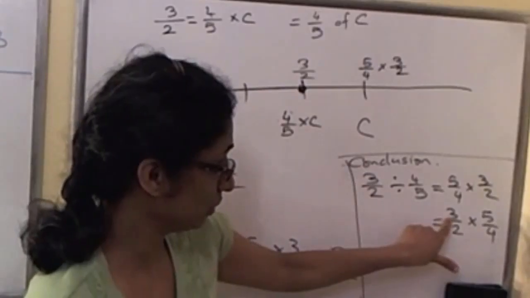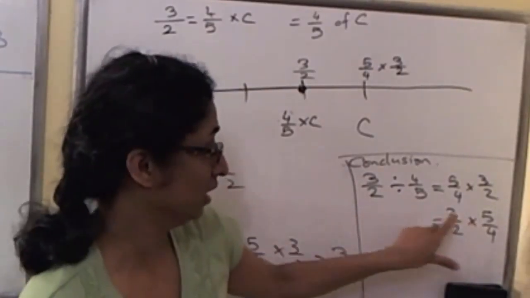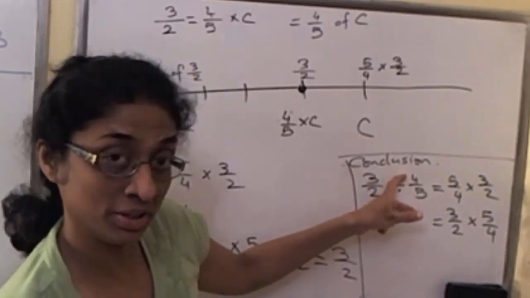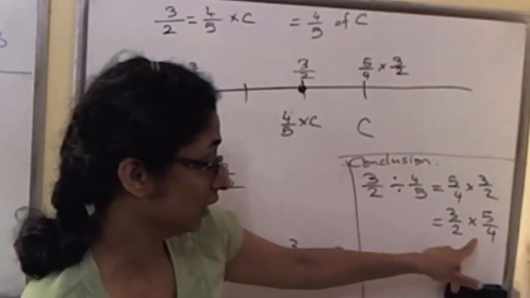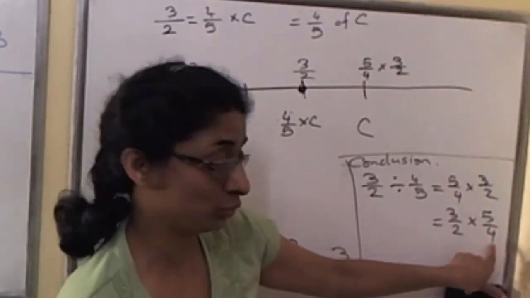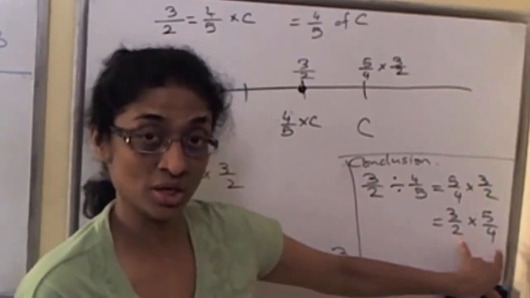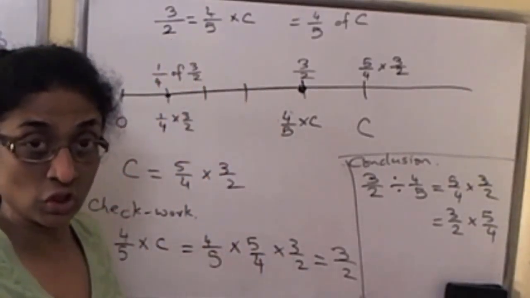Notice 3 over 2 is our 3 over 2. If you change the division sign to a multiplication sign, and swap the numerator and denominator, in other words, if you take the reciprocal of 4 over 5, and replace 4 over 5 by 5 over 4, it looks like this expression is exactly matching the C that we calculated using all of this logic.